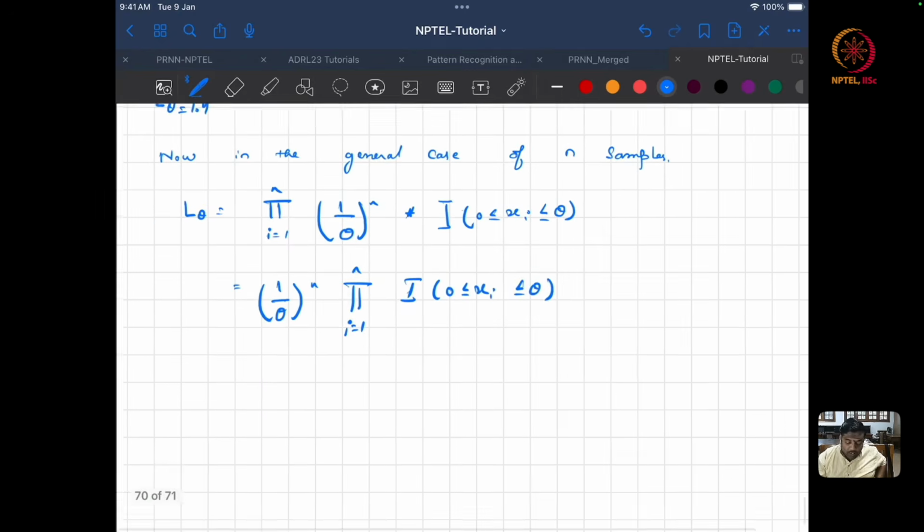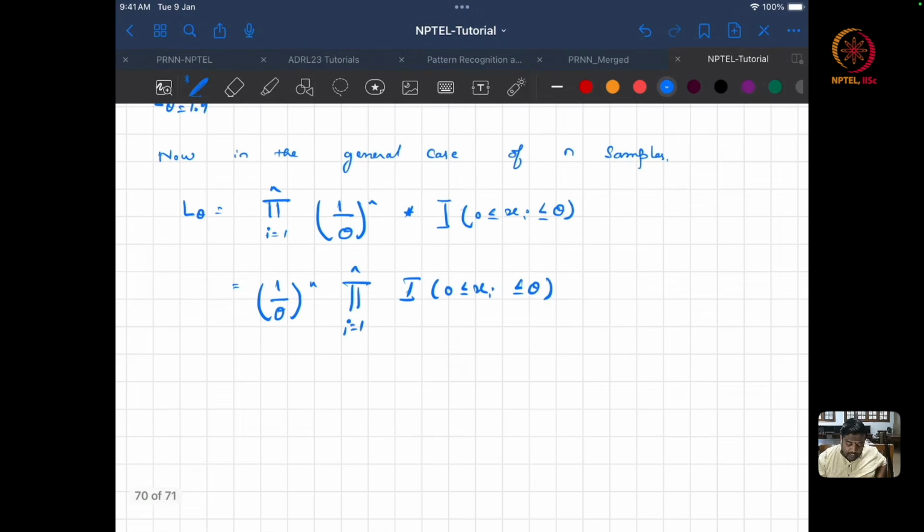Okay. So now let's say that m is equal to the max of x1, x2, and so on till xn. Okay, it is the max of them.